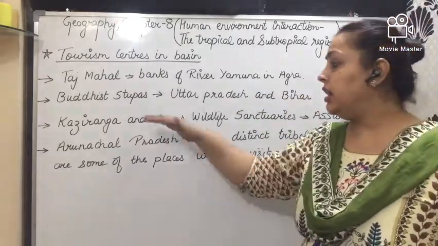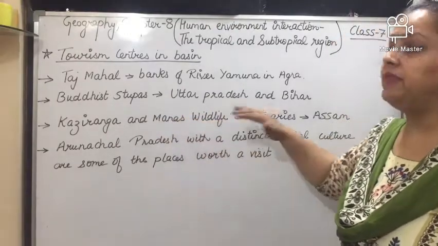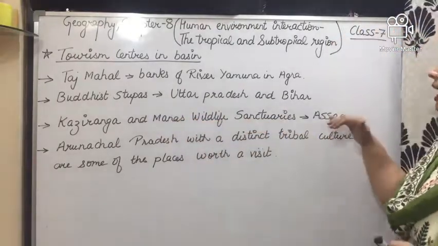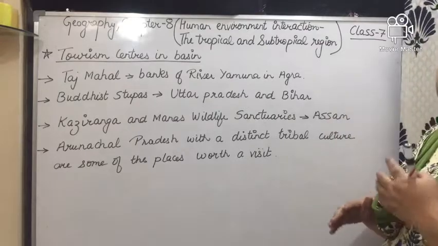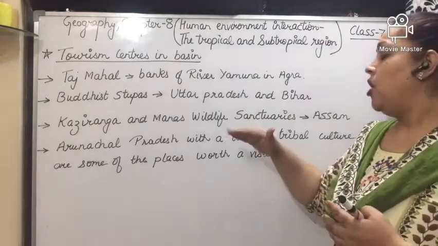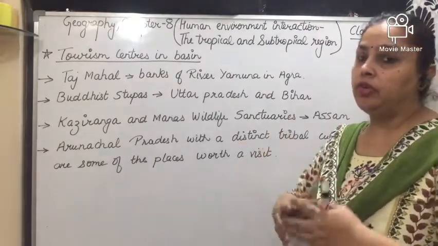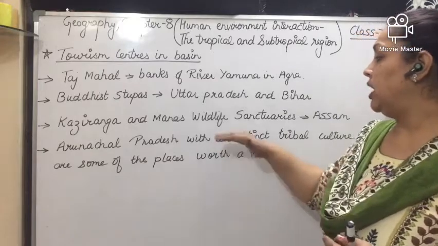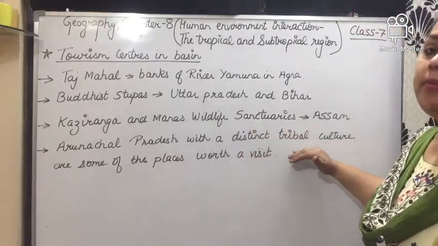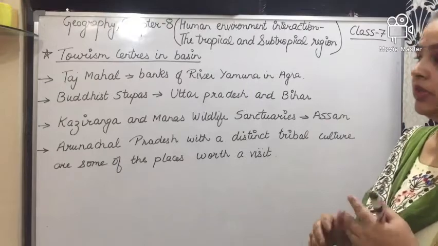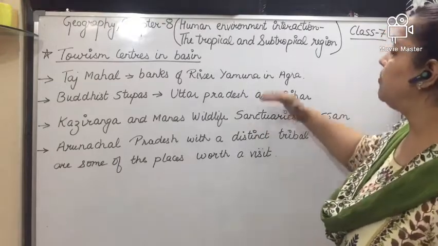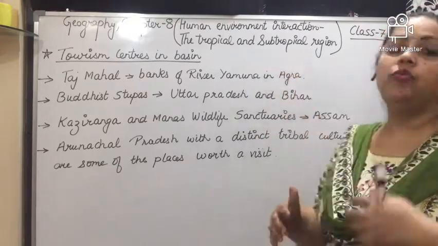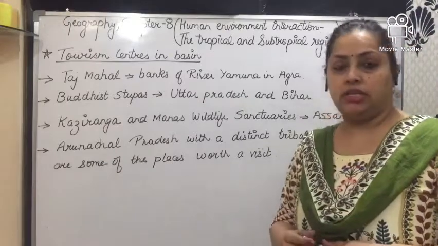Next, Kaziranga and Manas Wildlife Sanctuary, situated in Assam. Arunachal Pradesh is also a tourist place, where you will find a distinct tribal culture. So all these places are worth a visit.